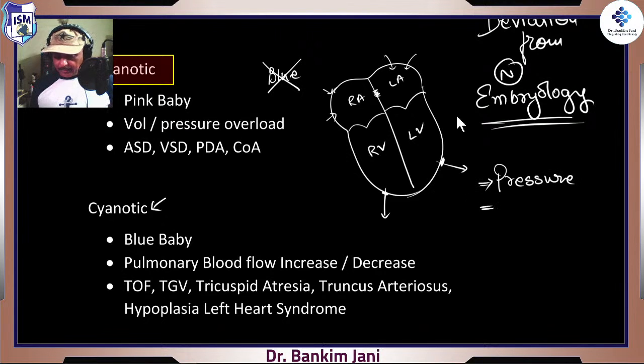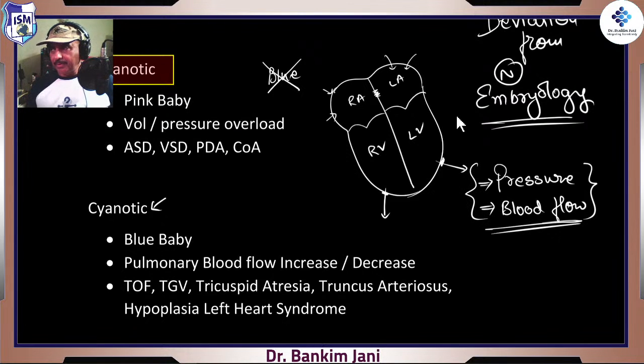And second, what would be the direction of blood flow? Rest of the things are self-explainable. You'll understand them without any effort by yourself. In fact, when you see 2D echo, 3D echo, just by looking at it you'll be able to say, okay, it is this. Right?